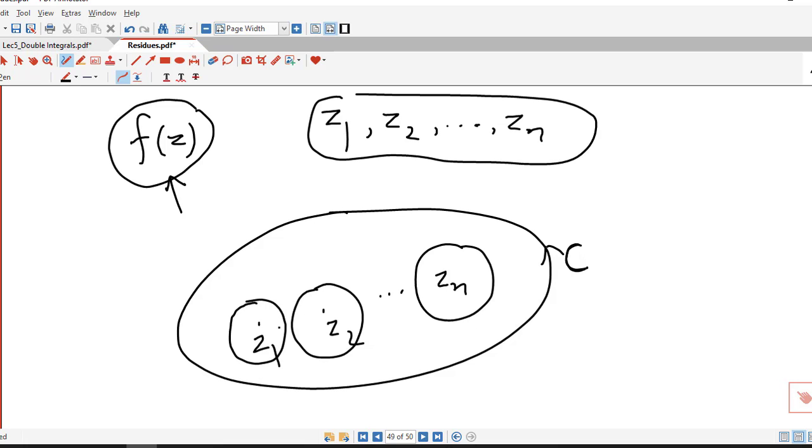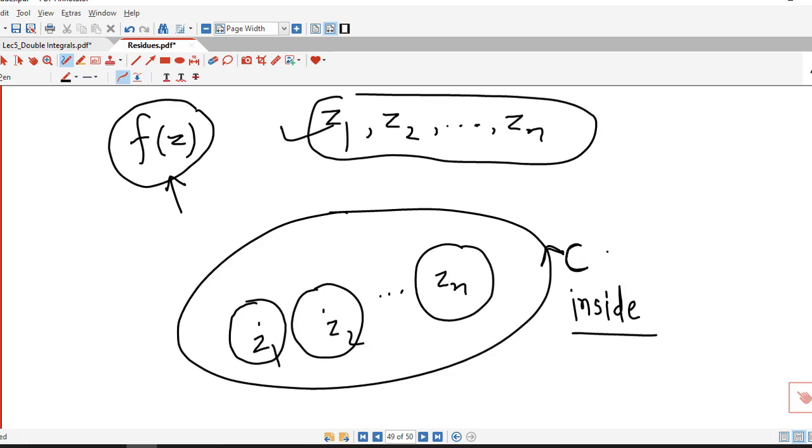So z1, z2, zn are isolated singular points of the given function f of z which are inside the simple closed contour C. Our interest is in those isolated singular points of f of z which are inside the simple closed contour C. The points which are outside and on the contour C are not of our interest for this result.